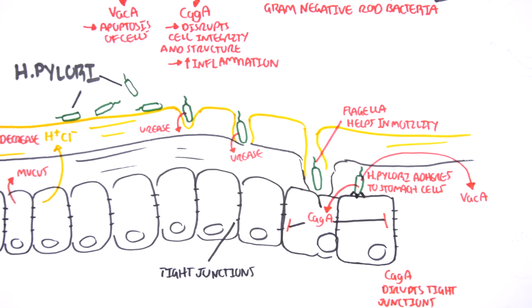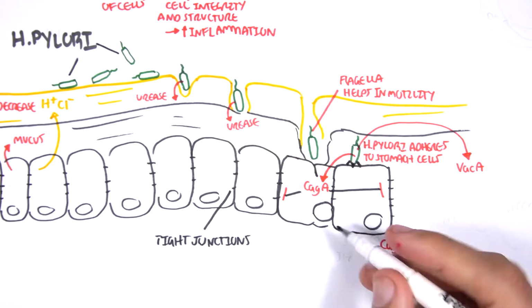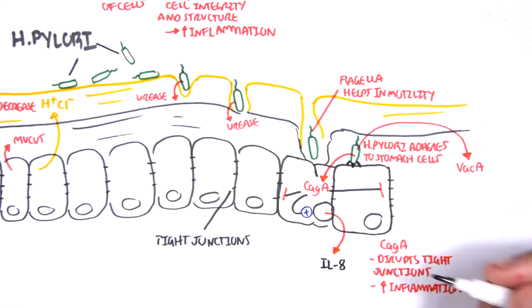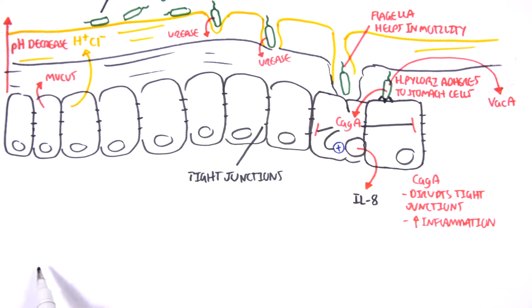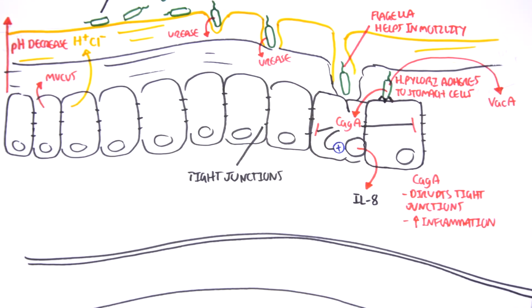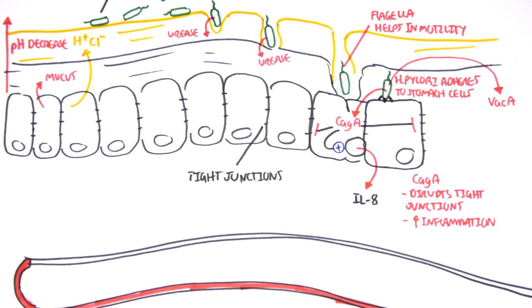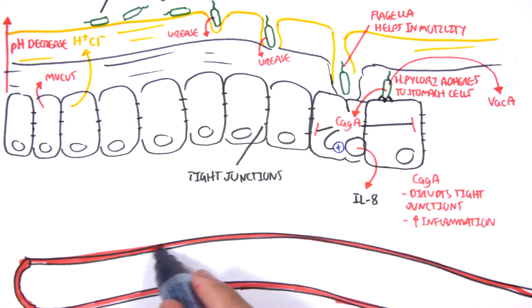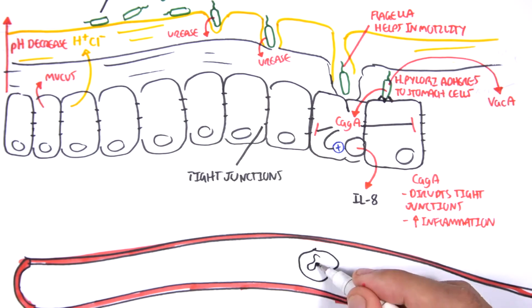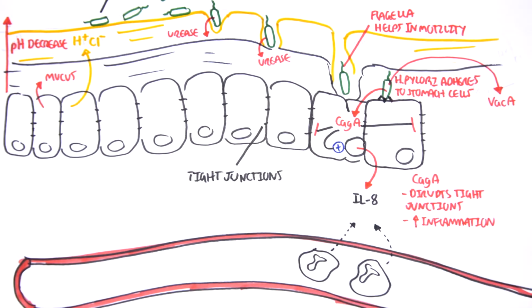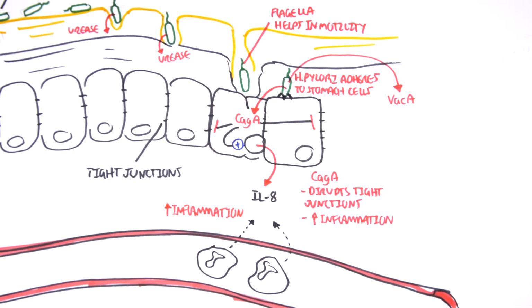At the same time, CagA stimulates the production of certain cytokines within these cells, such as interleukin 8. So what does interleukin 8 do? Well, interleukin 8 is like a chemokine which attracts neutrophils into the area. And neutrophils are highly inflammatory and can damage the stomach tissue. So interleukin 8 promotes inflammation.